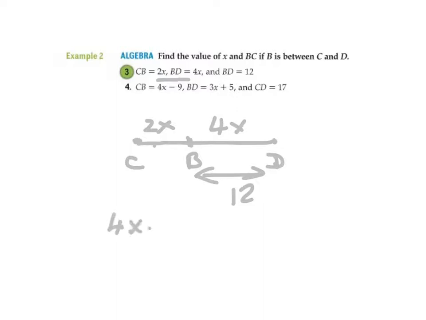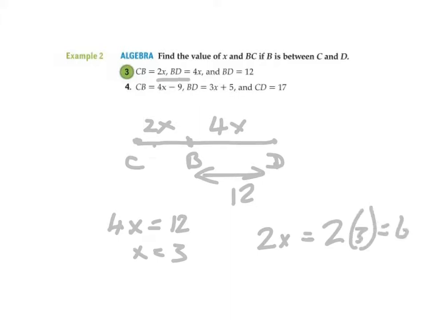We know that 4x must equal 12, so x must equal 3. Okay, so now we've found out what x is, but what have we got to find? We've got to find BC. Well, BC is 2x, and we know that x equals 3, so that's going to equal 2 times 3, which is going to be 6.